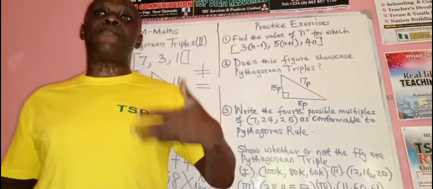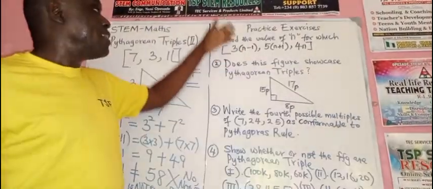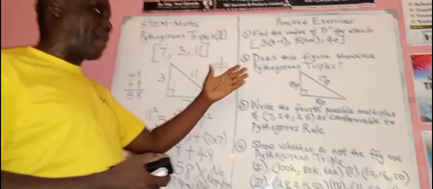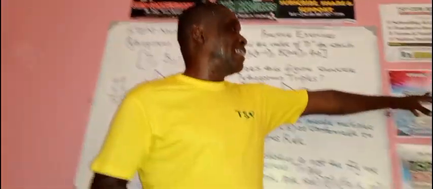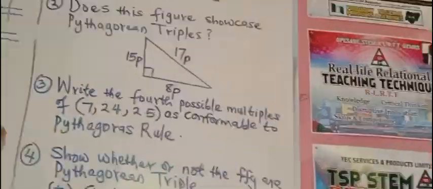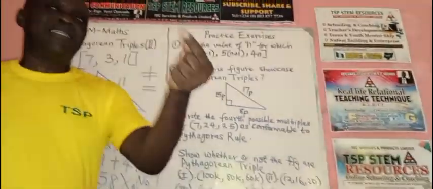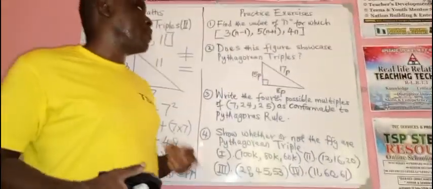So for students who are fully registered with us, these are questions you need to practice. Use the knowledge to apply it to solve this problem. Don't forget, here we apply real life relational teaching techniques. So we try to set questions that are critical thinking in nature, that bring out the creativity, the thinking capacity and ability inside of you.